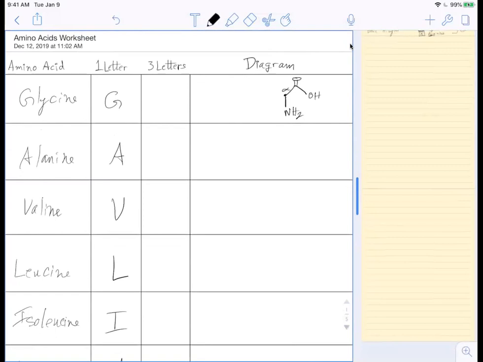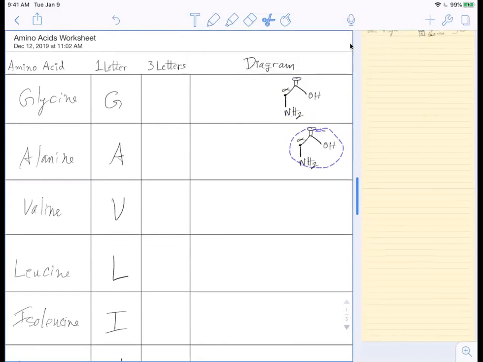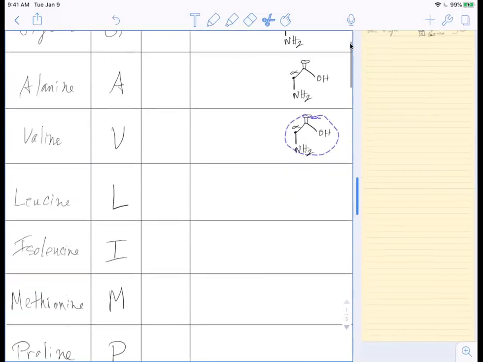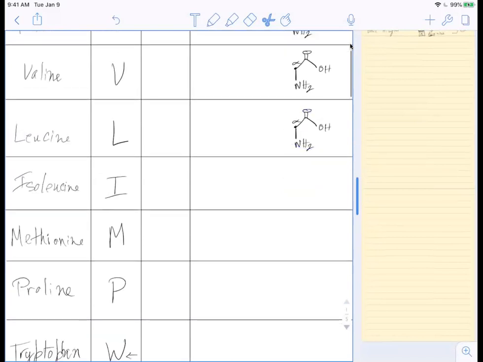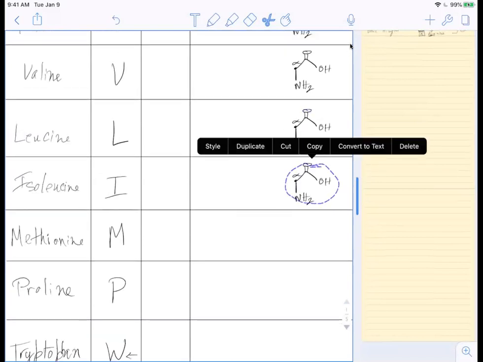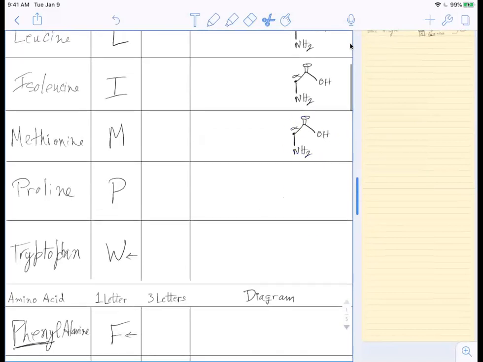This is called the alpha carbon. This is going to be present in each and every one of them. You can't get around it because that's what it means to be an amino acid. Everything else is a side chain, something a little bit extra that differentiates it. And that is why we have different names for them. Because if they were the same, we wouldn't need different names.